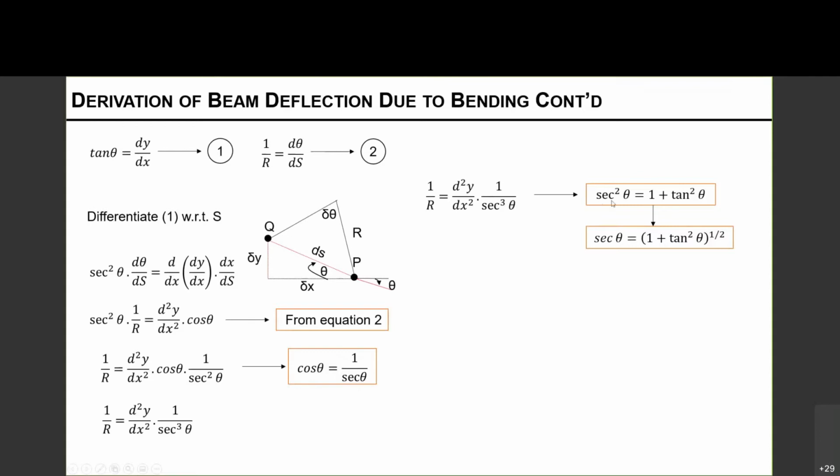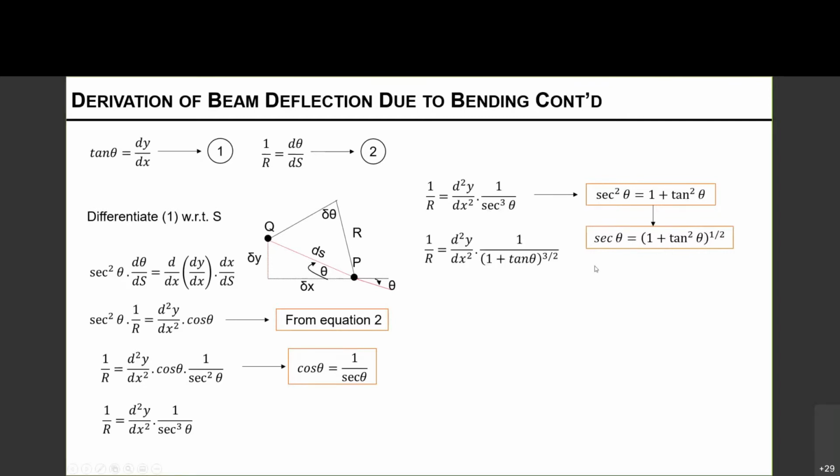So you know that from trigonometry, sec squared theta is 1 plus tan squared theta, right? So I can get sec theta as the square root of 1 plus tan squared theta, or the half power of this term. And then I will substitute this sec to the power 3 theta in terms of this term.